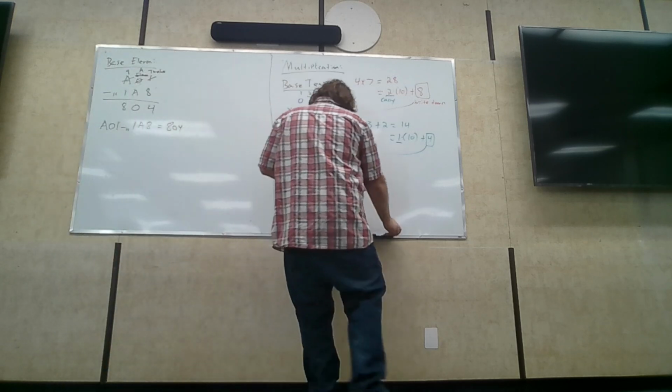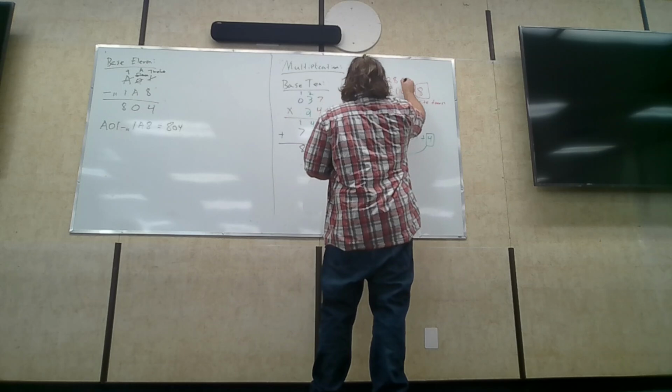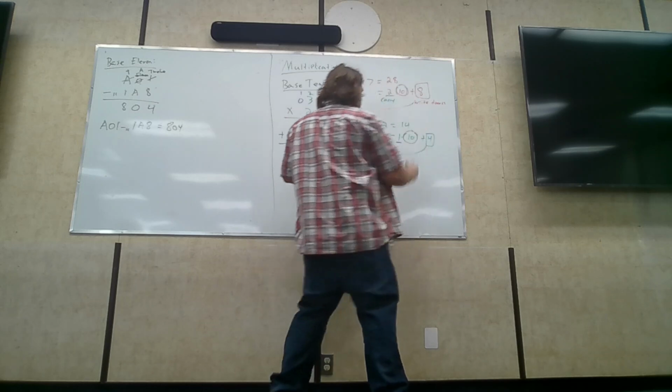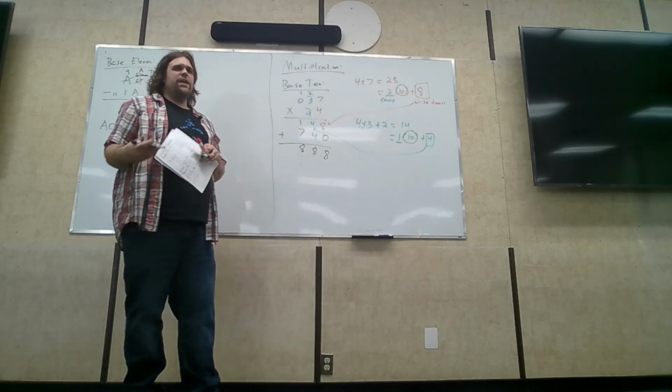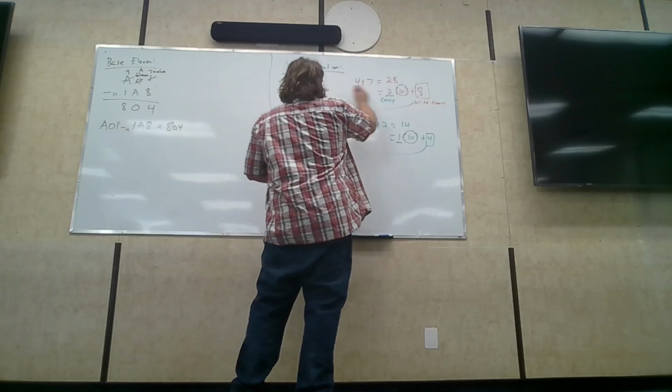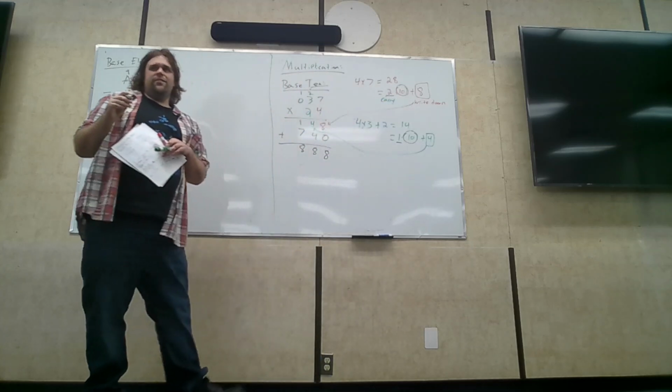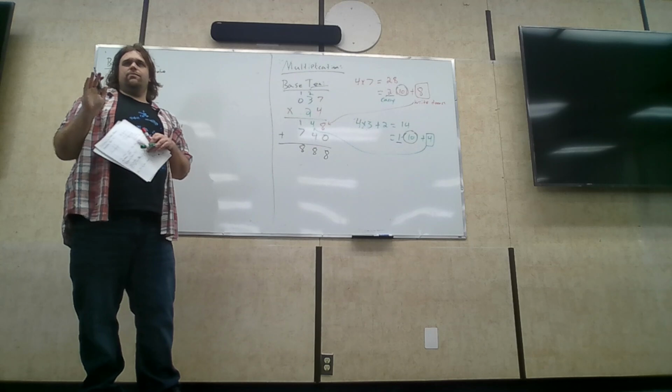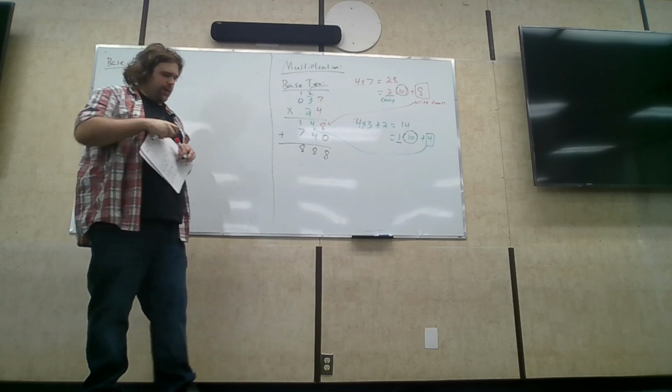So the reason why I'm drawing attention to it is, well, this right here is our exchange rate, right? That's base 10. We are in base 10, so we have a 10 exchange rate. That's the only part that changes in multiplication too. It's the exchange rate again.